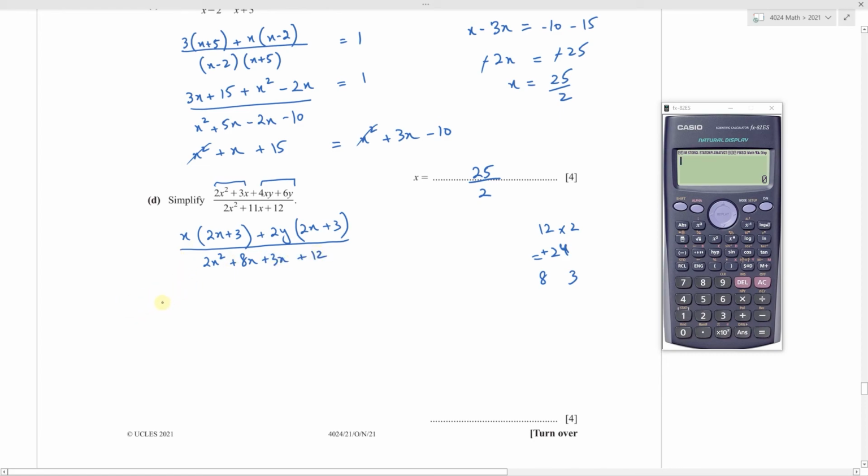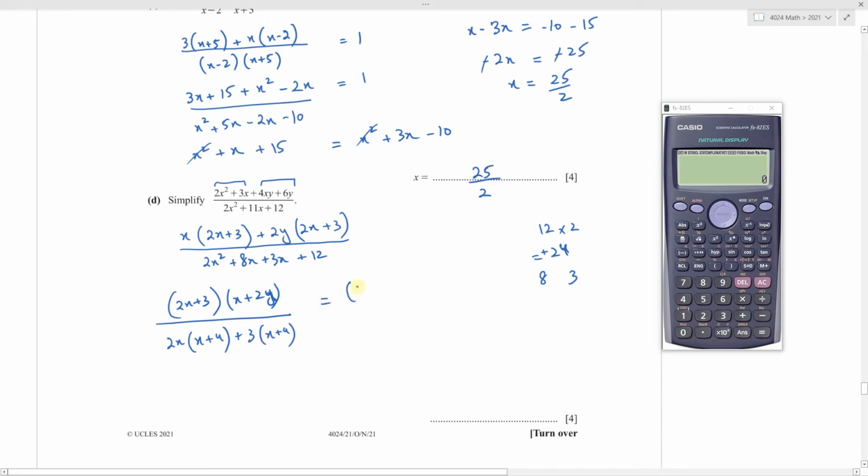So now let's simplify further. In the numerator, I can take 2x plus 3 common into x plus 2y. I can take 2x common. I'll be left with x plus 4. And then I can take 3 common from these two. I'm left with x plus 4. So x plus 4 is common.